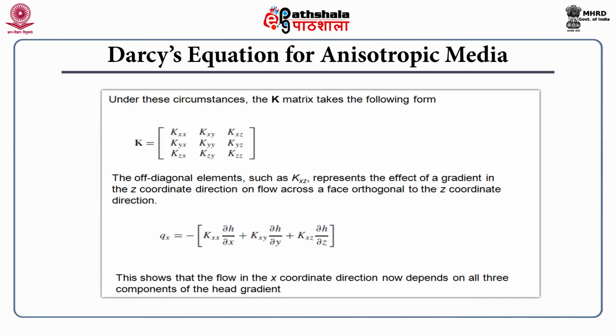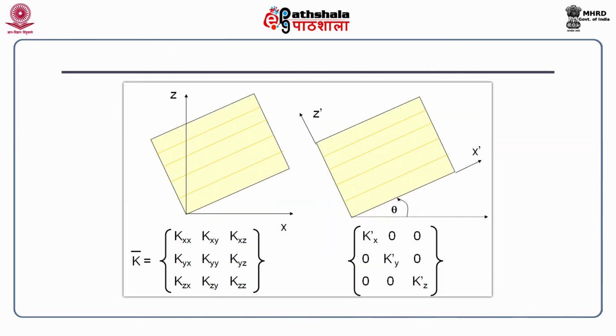This is for the layered type of phenomena. If the coordinate axes are oriented with the main directions of the anisotropy, then we can reduce this matrix to the three quantities Kx, Ky and Kz. This is the general picture which expands the hydraulic conductivity tensor K in three different directions, having different orientation of the anisotropy coefficient along the soil profile.